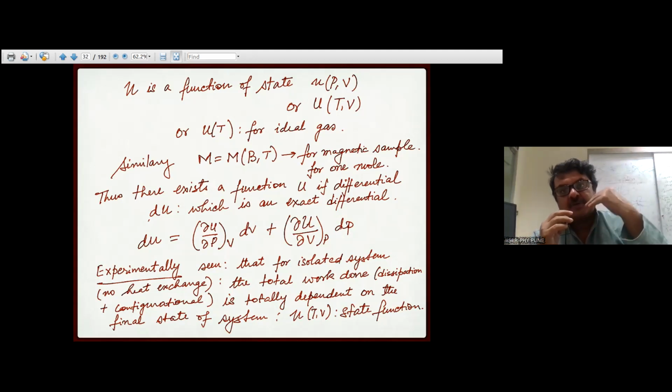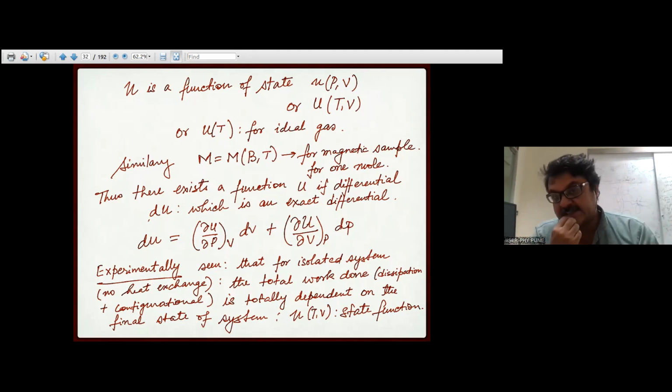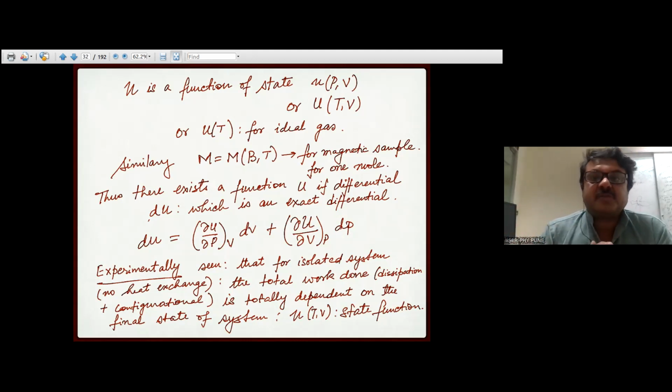So I'm discussing thermodynamics, but already using inputs of statistical mechanics, whereas that was not there. You just observe that internal energy seems to be a state function, and you don't have an exact understanding of what internal energy is, because they didn't know at that point of time. There was no clear idea that there were atoms and molecules and so forth.